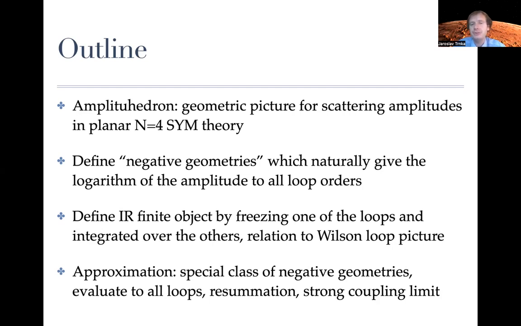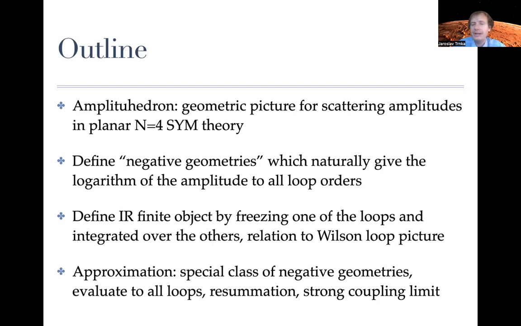Now, this object already appeared before in the context of Wilson loops as a ratio of two different null polygonal Wilson loops. I will mention what exactly it is. And there are some results for that at weak coupling and strong coupling, but the object itself is not known in general.